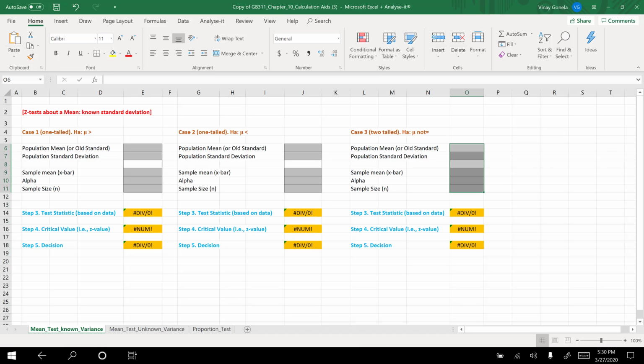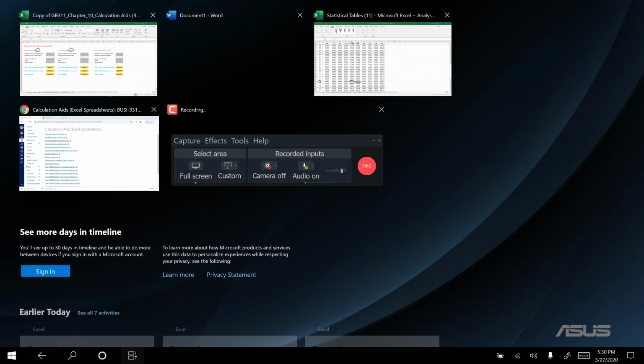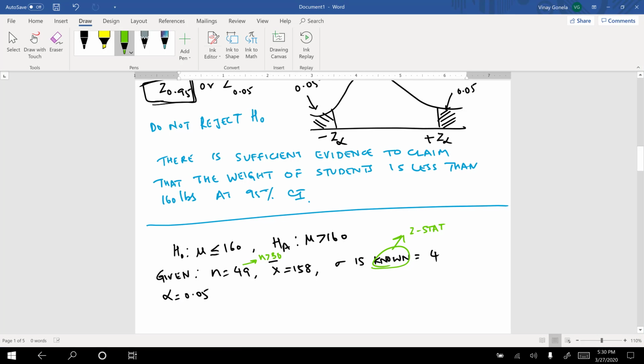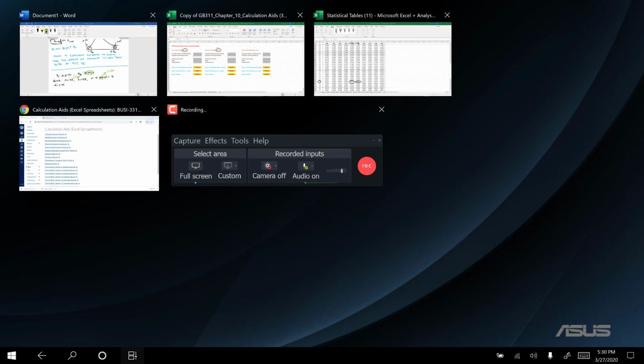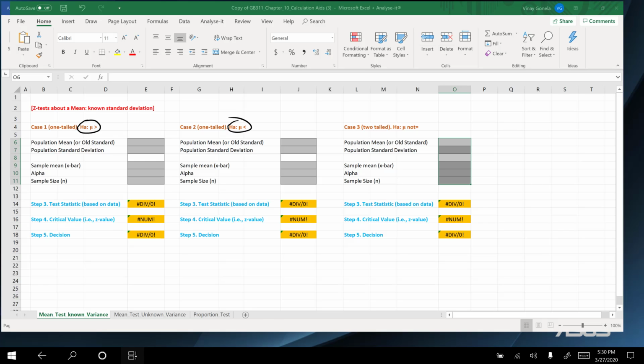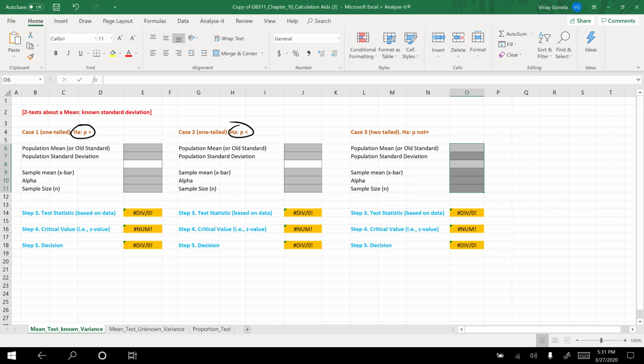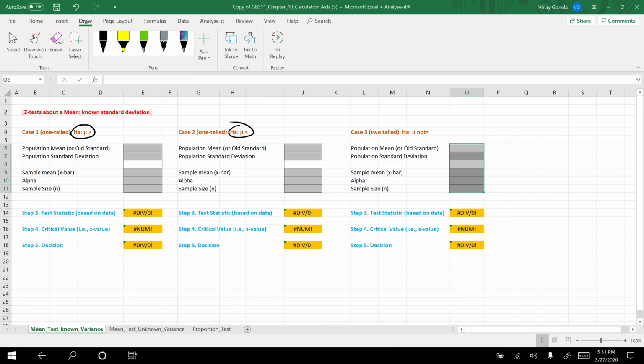Here we have to select the alternative case. What is our case? Our alternative is mu greater than, so I will select greater than. This is the one I will be using, because mu greater than 160 is our alternative hypothesis.